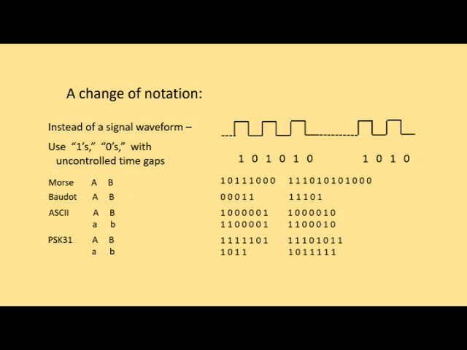In asynchronous systems, this is commonly done. The bit patterns for Morse letters A and B are shown in the first line below, Baudot A and B in the second line, ASCII in the third line, and PSK31 on the fourth line, as an example.